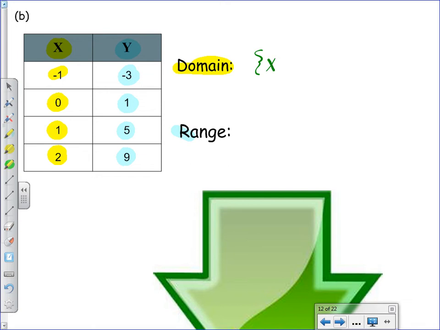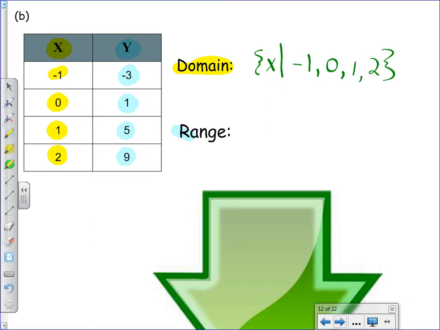The set of x such that x is, thank you. What would I fill in that set? Nick? Excellent. What about my range?